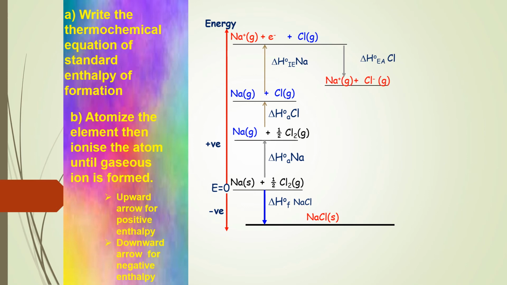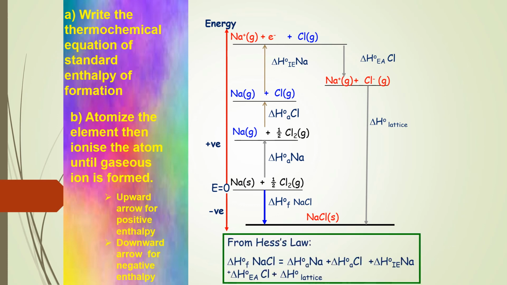The enthalpy arrow for electron affinity of chlorine is pointing down because this enthalpy has a negative value, same as lattice energy. And the Born-Haber cycle in the form of an energy level diagram is formed. Finally, find the value of lattice energy by applying Hess's law.